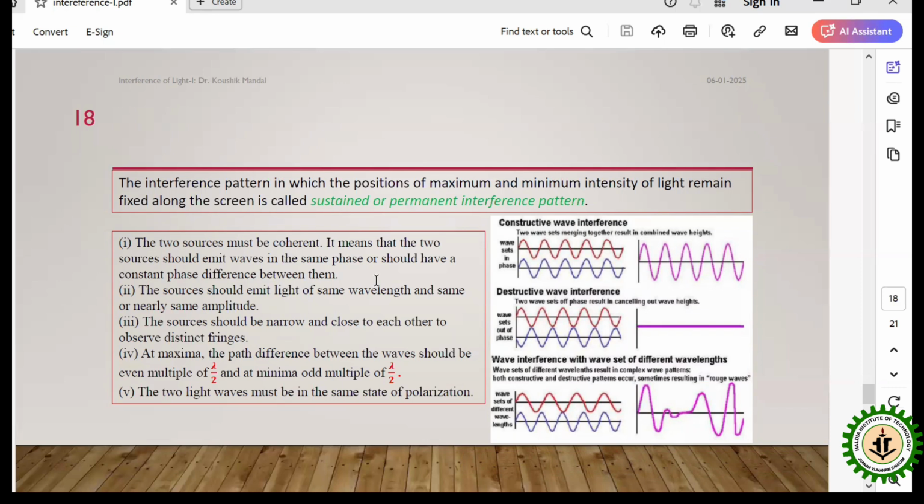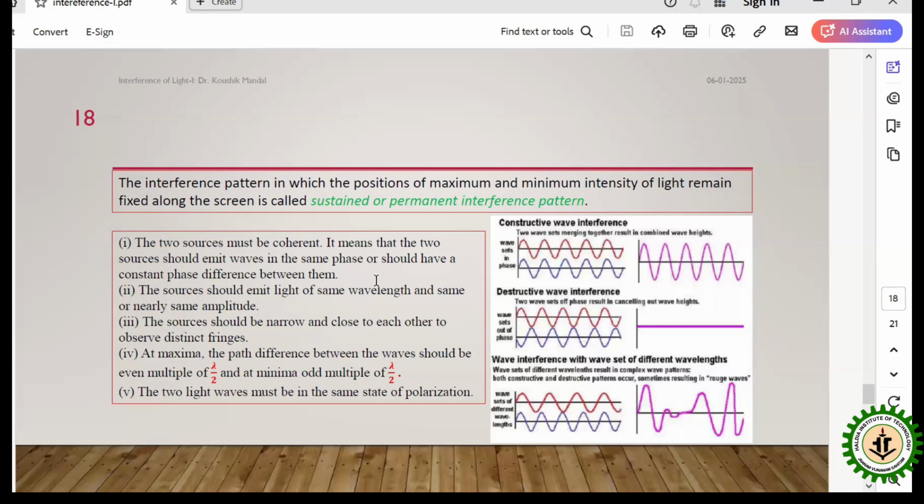To achieve permanent interference, the sources must be coherent. What does it mean? The phase difference between the waves must be constant throughout space and time. The sources should emit light of the same wavelength and nearly the same amplitude.